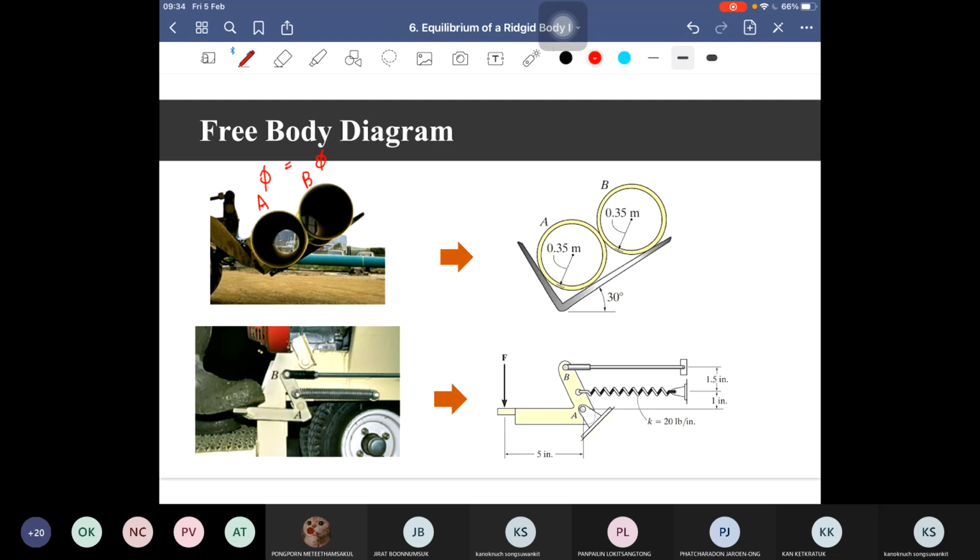And again, we will assume that all surfaces are smooth, so there is no friction in this system.